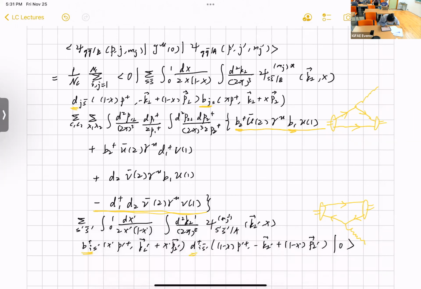If you look at this B dagger and D dagger, the Fock component of the meson state that makes a non-vanishing contribution is one in which the initial meson state has a quark and antiquark component that couples to the external photon. Then what is left is that there is an actual quark and antiquark from the initial meson that goes to the final meson. It would all be a spectator.